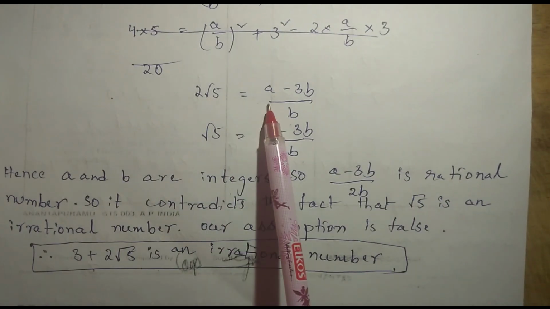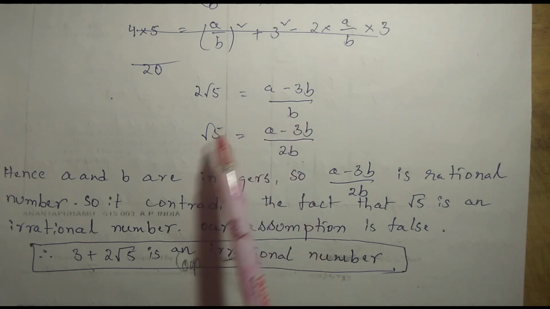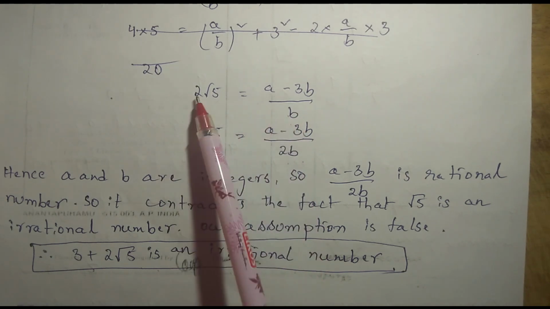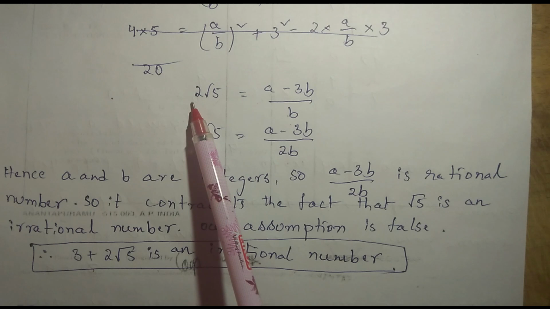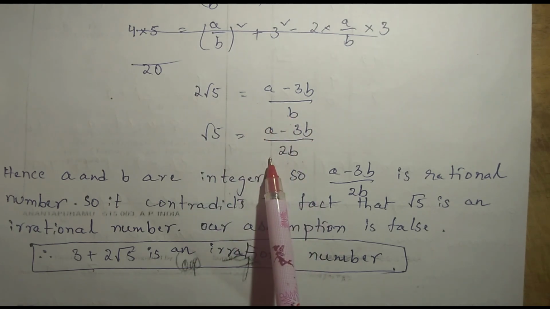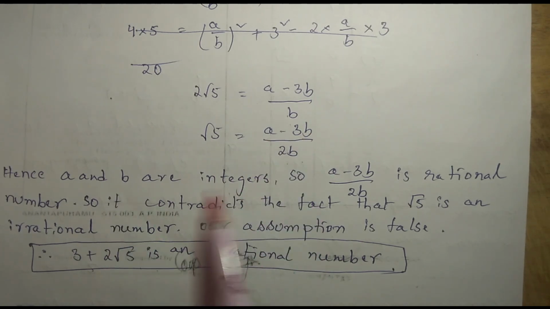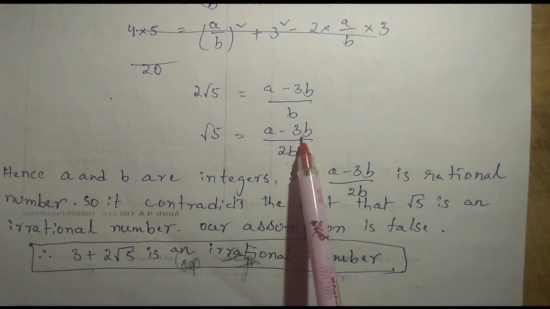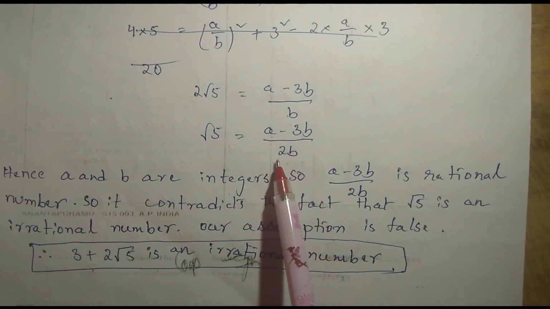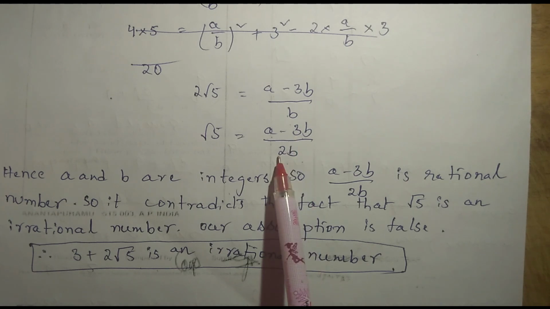So 2√5 equals a minus 3b by b. Then √5 equals, transposing the 2 since it is multiplication and becomes division, a minus 3b by 2b. Here a and b are integers. Then a minus 3b is an integer and 2 into b is also an integer. Integer by integer is a fractional form, which is a rational number.